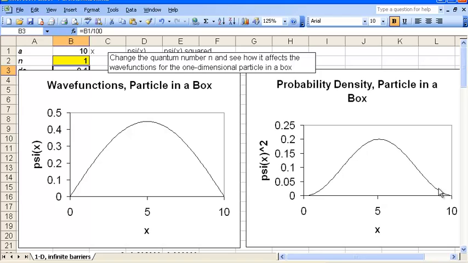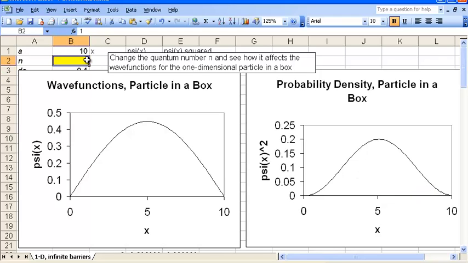All right, well, classically, what does this mean? Classically, you expect that there would be equal probability going all the way across the box. The potential is constant, equal to 0, so the particle will be anywhere in this box equally probable. Yet quantum mechanics says for the n equal 1 state, it's not equally probable. In fact, it's 0 at the edge, and as you go up, it's most probable right in the middle of the box, and it goes back down again.